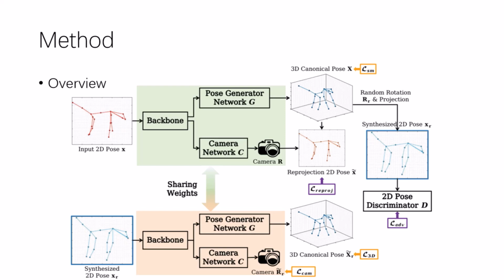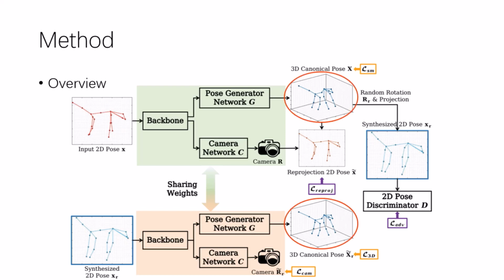Given a 2D pose, the pose generator network and camera network estimate 3D canonical pose and camera rotation respectively. During training, the synthesized 2D pose also regresses 3D canonical pose and camera rotation.